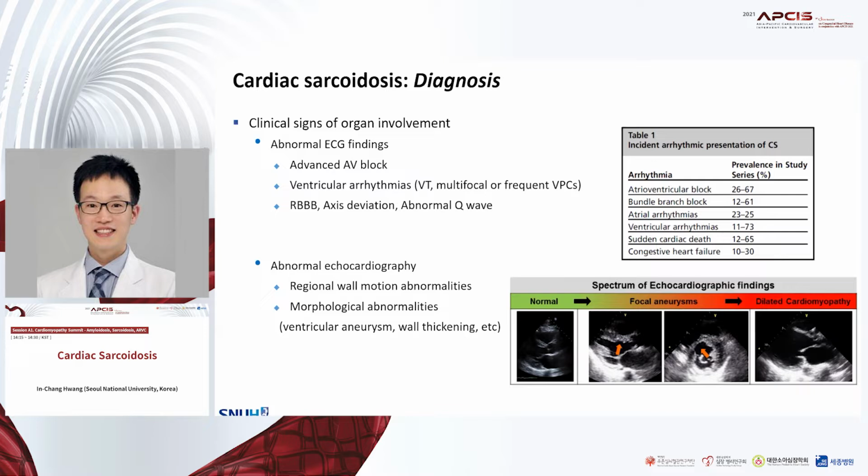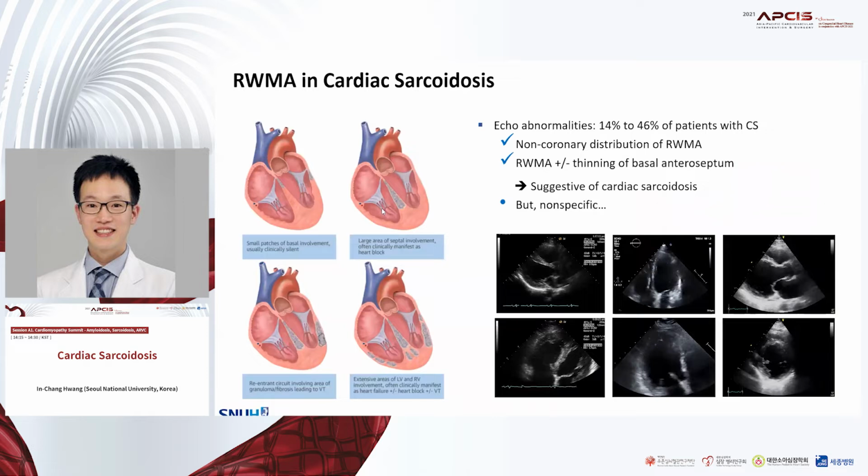Patients with cardiac sarcoidosis can have abnormal ECG findings, such as AV block and ventricular arrhythmias. And we also know that there are typical signs on echocardiogram. In clinical practice, most cases of cardiac sarcoidosis start with echocardiogram.